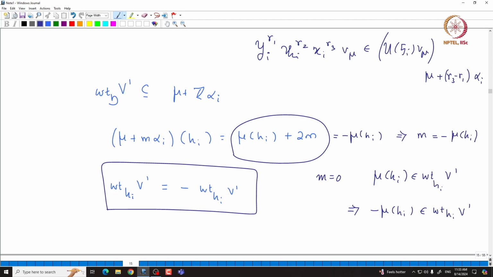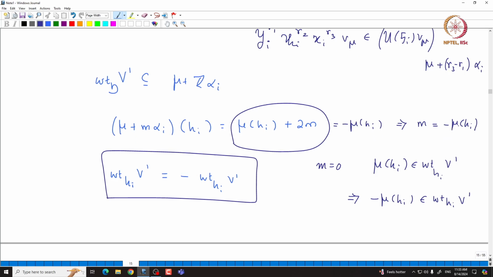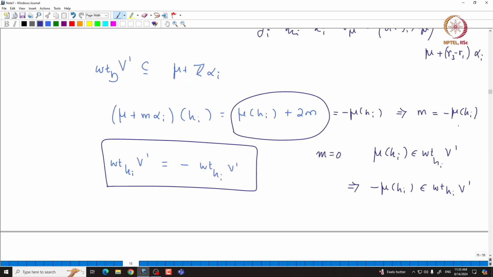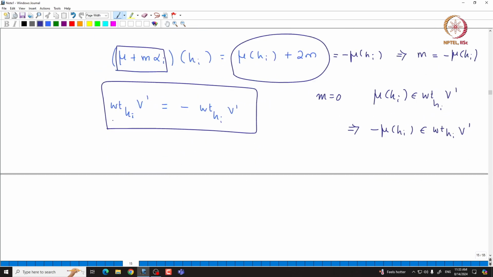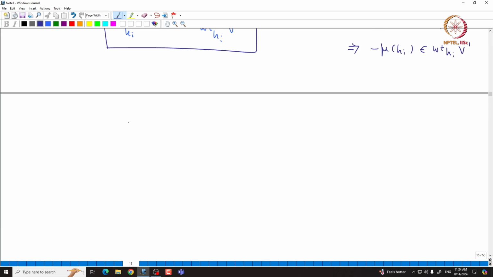Okay, sorry, minus mu of H. So now if you think in terms of this H weight, what it should correspond to, mu plus m alpha I if you take, and then what should be that? That is nothing but mu minus mu of HI alpha I. So, that is your corresponding weight. This is what corresponds to minus mu HI when you evaluate at HI.